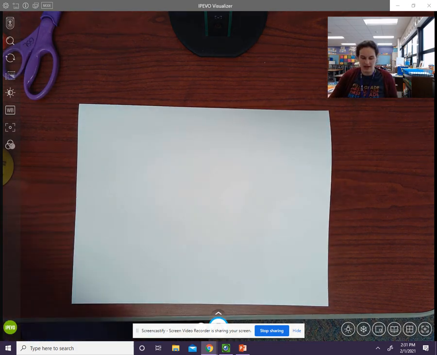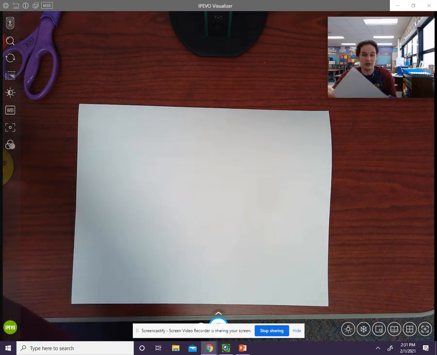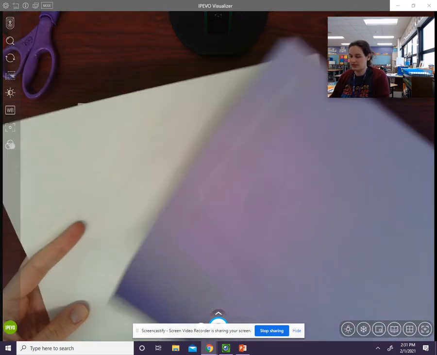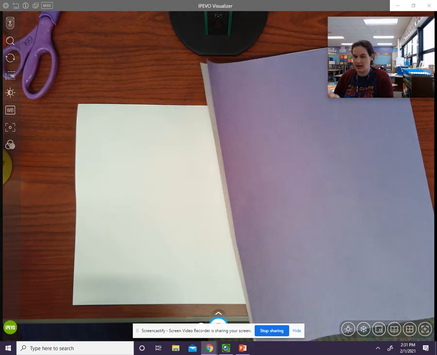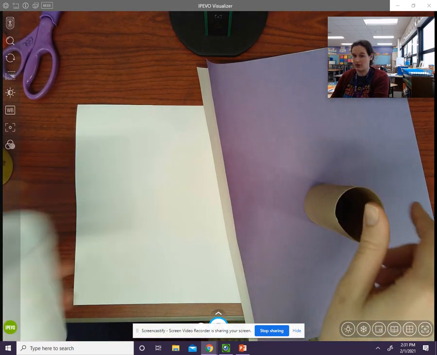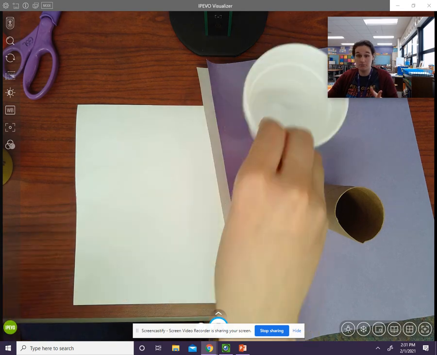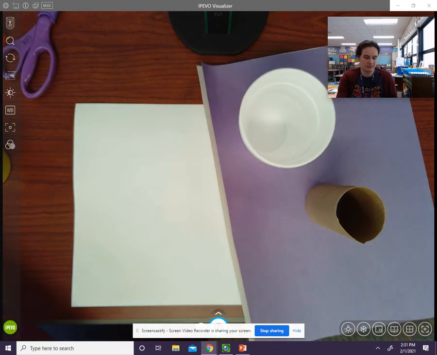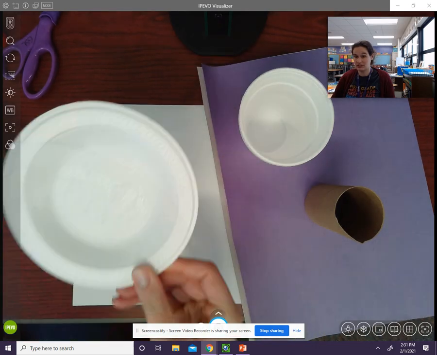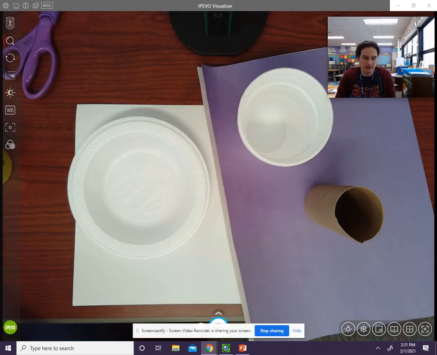Then we have some construction paper that you could use to build something on your playground. You have two pieces. We have a little paper tube. You have a styrofoam cup you can use to build something on your playground. You have a plate, again, to use to build something that you'd find on a playground.